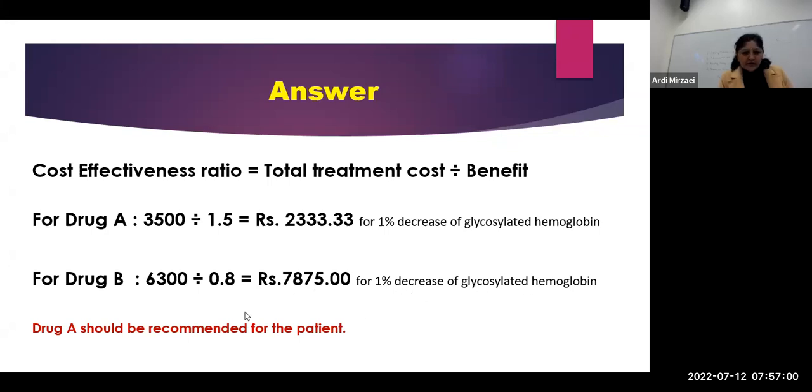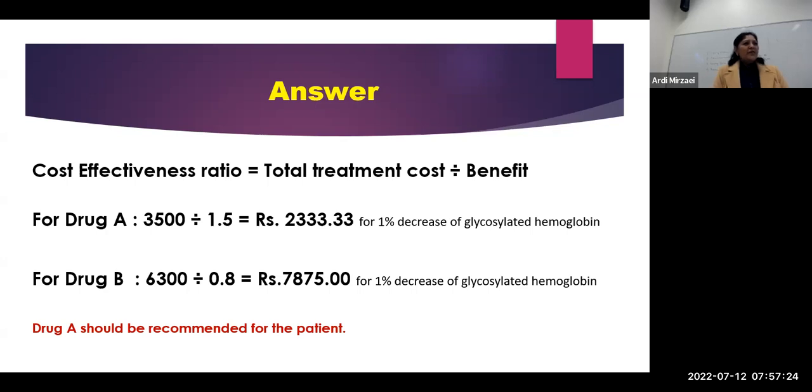So obviously, see the difference. This is 2,000 and odd, this is 7,000 odd. So drug A is definitely the one that should be recommended for the patient, because drug A is most economical. This especially becomes important in developing countries like India, where patients are not able to afford the medication.